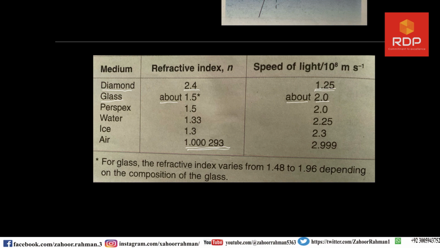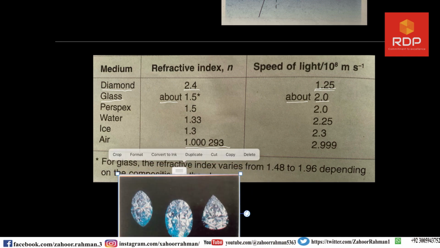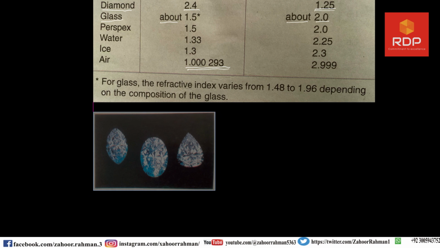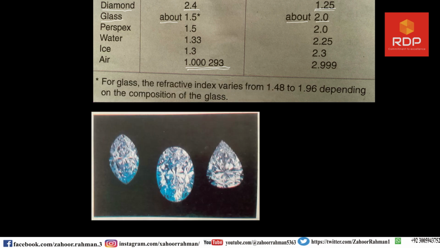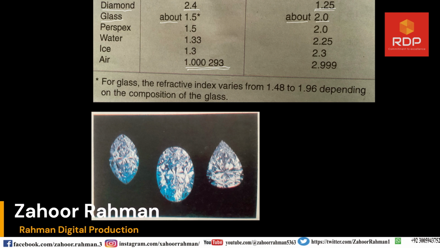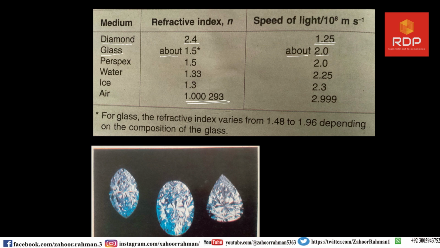Now let us see that diamond has a greater refractive index than anyone else. It can bend the light very much towards the normal because it is more dense, and that is quite clear from the table as well.